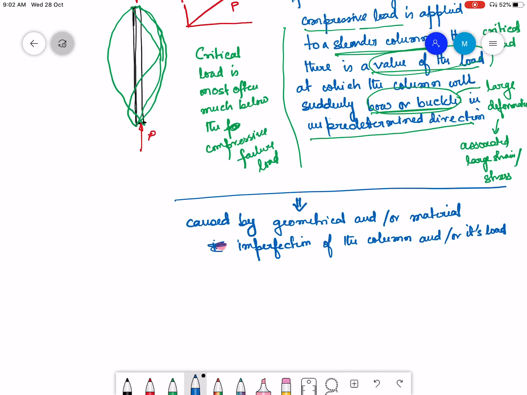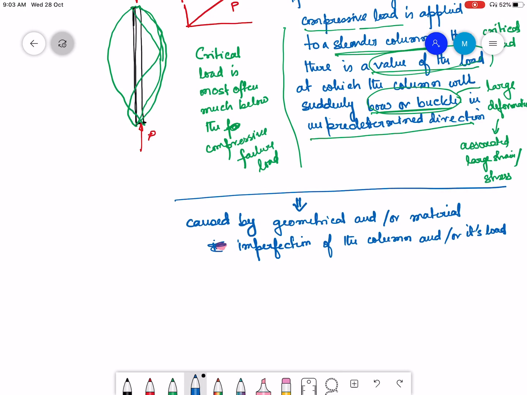A column is bound to experience some imperfection in the geometry as well as the material, and this imperfection is rather unavoidable, right? Because of the manufacturing process, the deployment condition, and misalignment in the boundary condition, the boundary restraint.